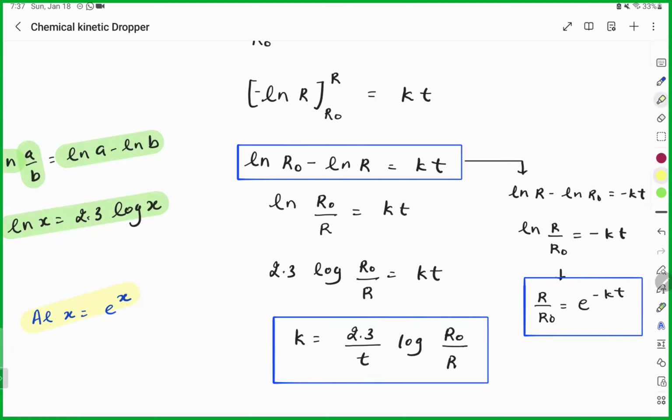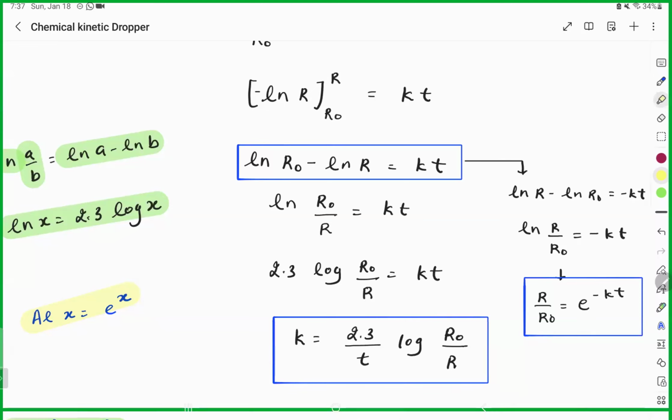Okay. Sir, I think it is wrong. Antilog of x will be equal to e raised to power x, na?